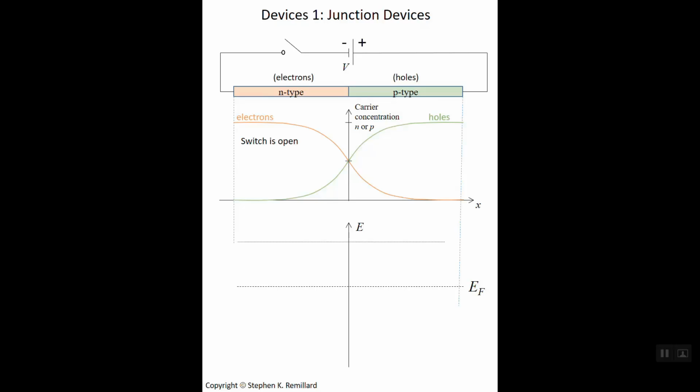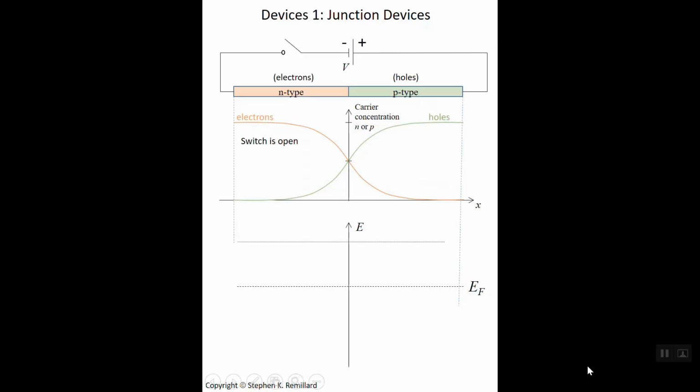And when a hole moves from the right p-type side into the left n-type side, the left n-type side becomes positively charged. For now, we will define the junction as the place where the carrier concentrations have gone to half their value deep inside their respective regions.